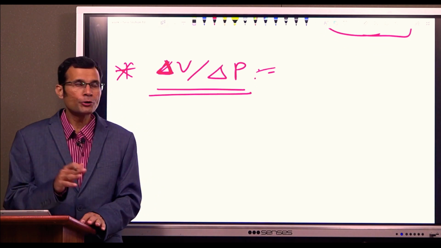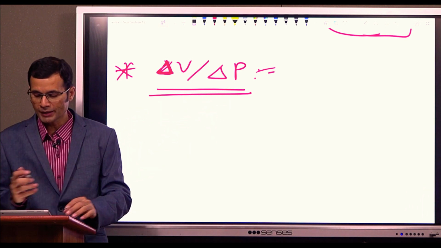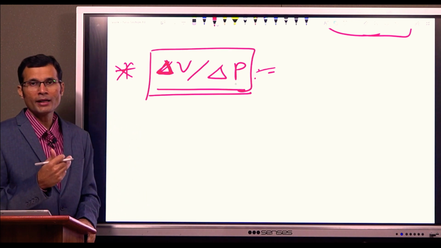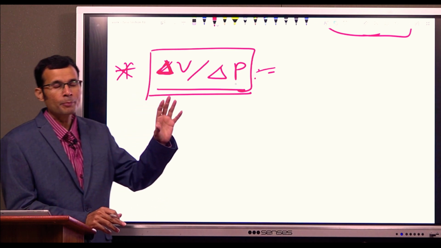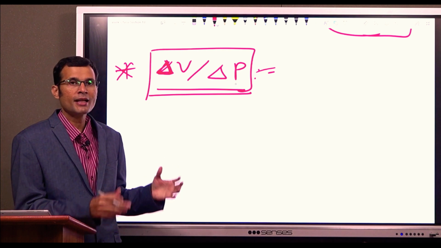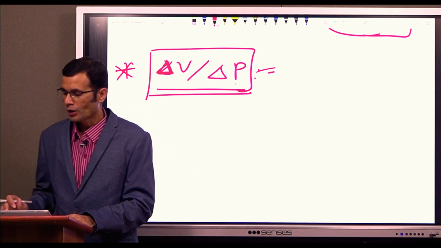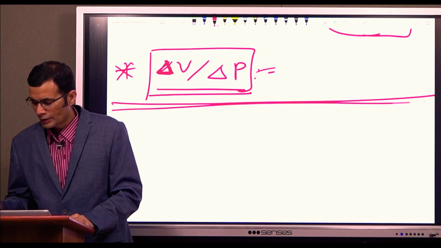Change in the lung volume per unit change of pressure around the lung. So, that delta V by delta P. This is how compliance is expressed: what is the pressure change around the lung, and for each unit pressure change, how much is the distension of the lungs. So, that is how the compliance is expressed.